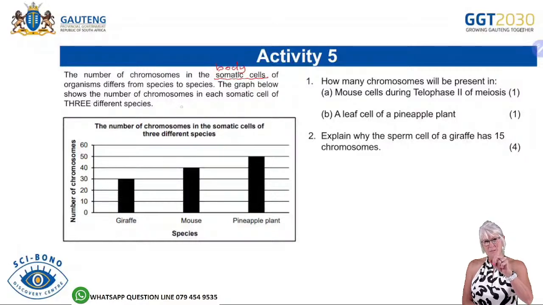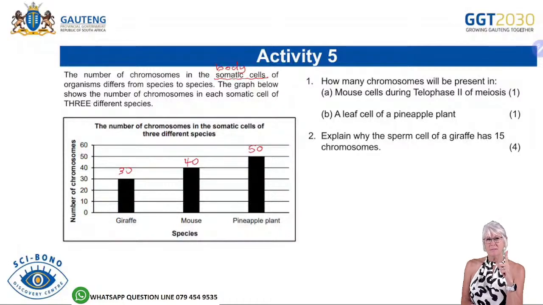Okay, so there's lots of information and clues they've put in here. For each of the species, we can see off the graph: for the giraffe, there are 30 chromosomes in each cell; for the mouse, there are 40; and for the pineapple plant, there are 50.